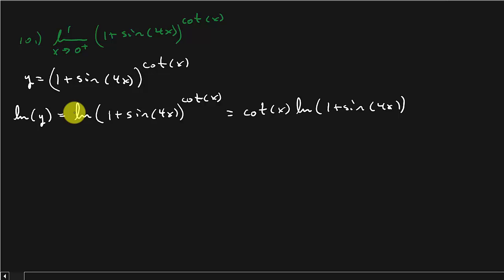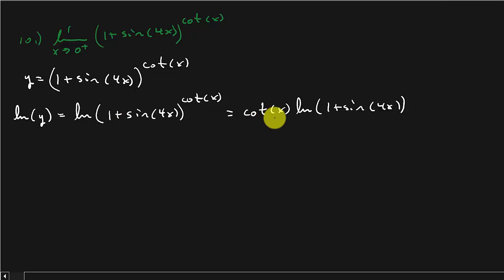So doing this, what do you think I might be trying to do here? I'm going to try and see if I can get this in the form where I can apply L'Hopital's rule.